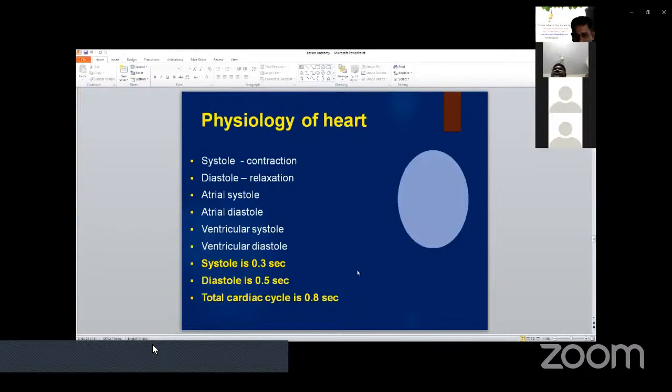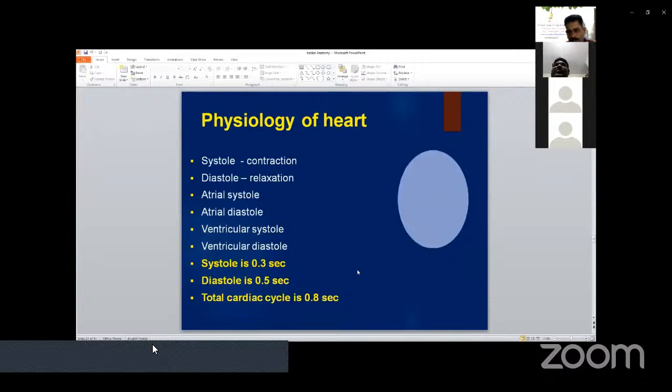The physiology of the heart includes systole, diastole, atrial systole, atrial diastole, ventricular systole, and ventricular diastole.